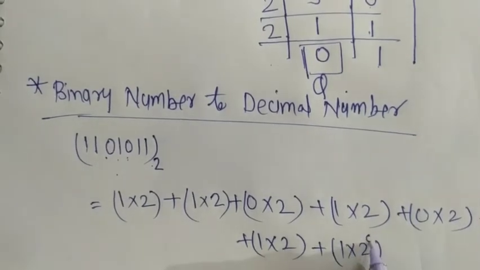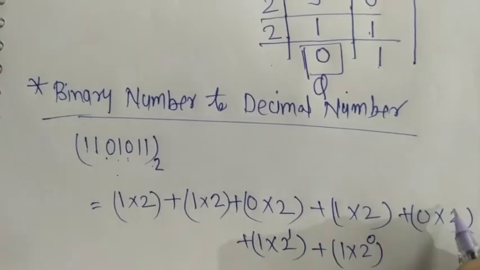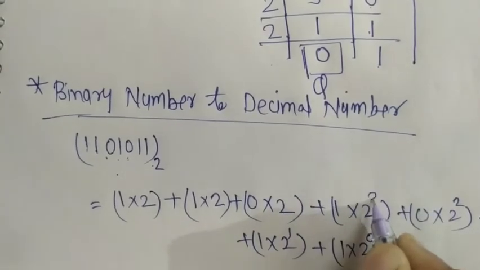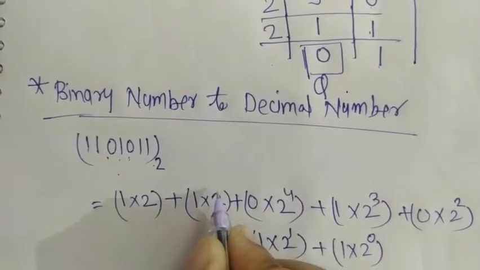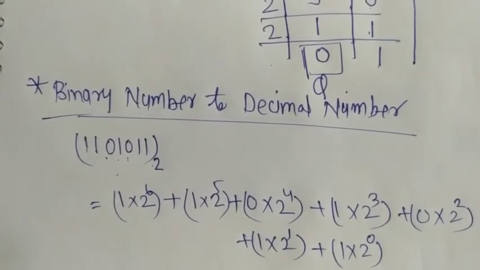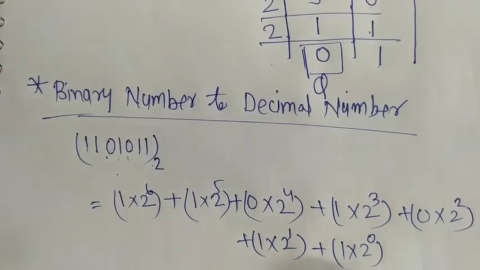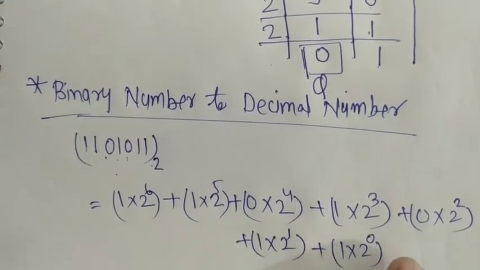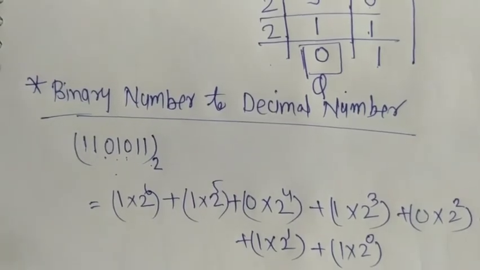It means here I will put 2 raised to power 0, 2 raised to power 1, 2 raised to power 2, then power 3, power 4, power 5, power 6. Okay? Start in reverse order, putting the powers starting with 0, 1, 2 and so on, from the rightmost digit to the leftmost digit.